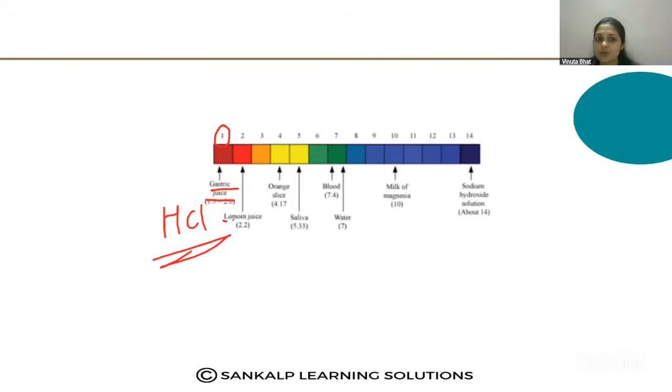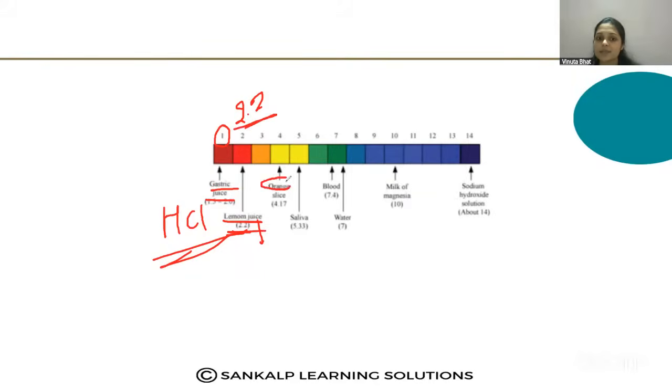And the lemon juice pH is almost 2.2, that is a strong acid. ಲೆಮನ್ ಅಲ್ಲಿ ಯಾವ್ದಿರುತ್ತೆ, ಸಿಟ್ರಿಕ್ ಆಸಿಡ್ ಇರುತ್ತೆ ಅಲ್ವಾ. ಇದನ್ನ ನಿಮ್ಗೆ MCQ ದಲ್ಲಿ ಕೇಳ್ತಾರೆ, ಗೊತ್ತಾಯ್ತಾ, ಇಂಪಾರ್ಟೆಂಟ್ ಇದೆ. The lemon juice has 2.2 pH, that is also a strong acid.